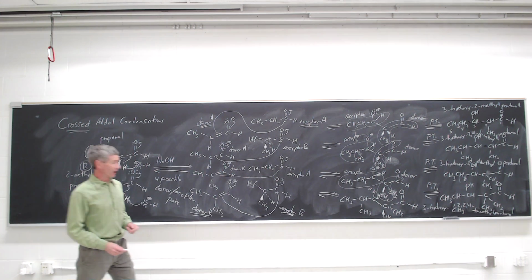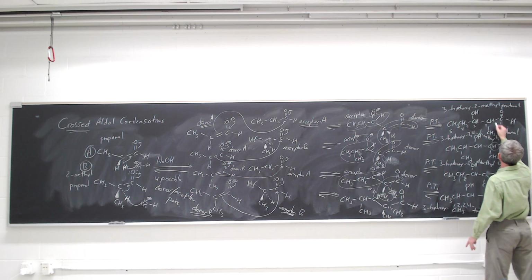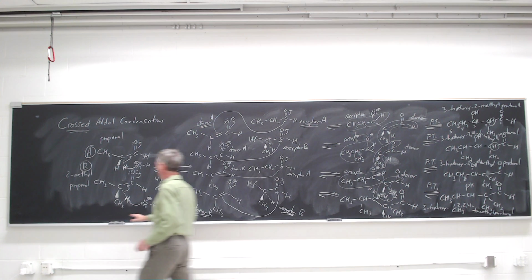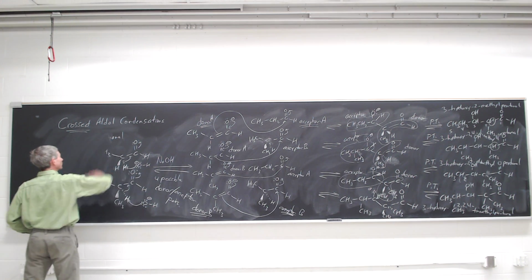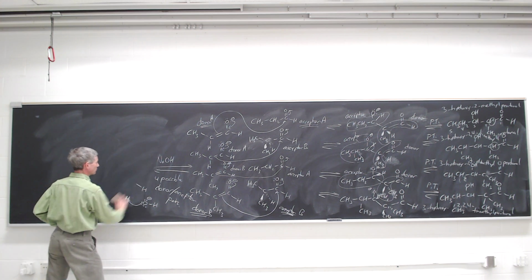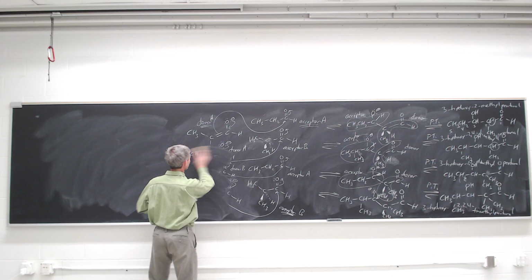Whereas with the other two products, because there's an additional alpha hydrogen, it would be possible to remove that and proceed further. So it looks like there's going to be a mixture of four possible products, but if we heat it up, there really would only be a mixture of two possible products.